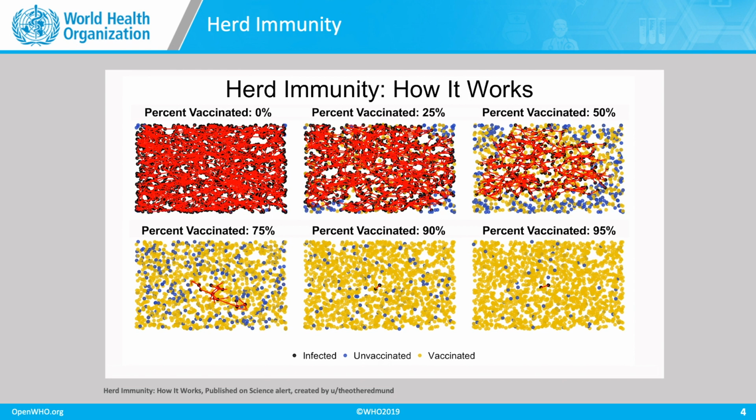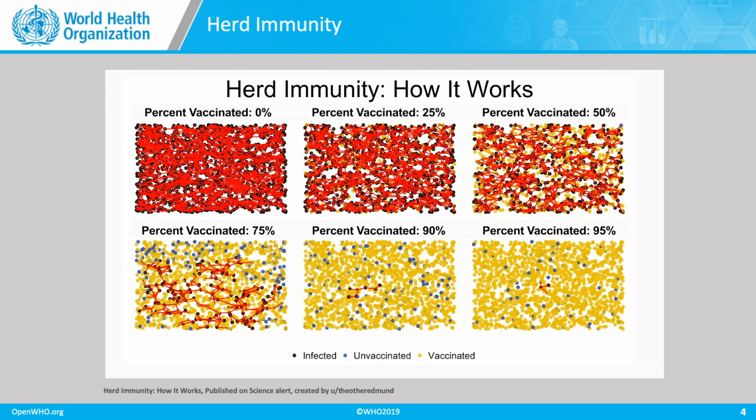Medium levels of vaccination, indicated by the 75% vaccinated box, slows down the progression of the virus, but it is not interrupted and will continue to spread to susceptible and unvaccinated individuals. Once you reach a high enough level of vaccination in the population, indicated by 90% and 95% vaccinated, the poliovirus gets effectively blocked from spreading any further.